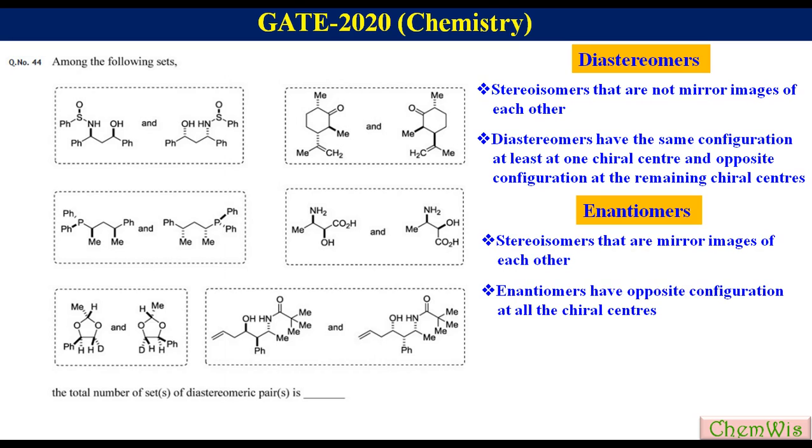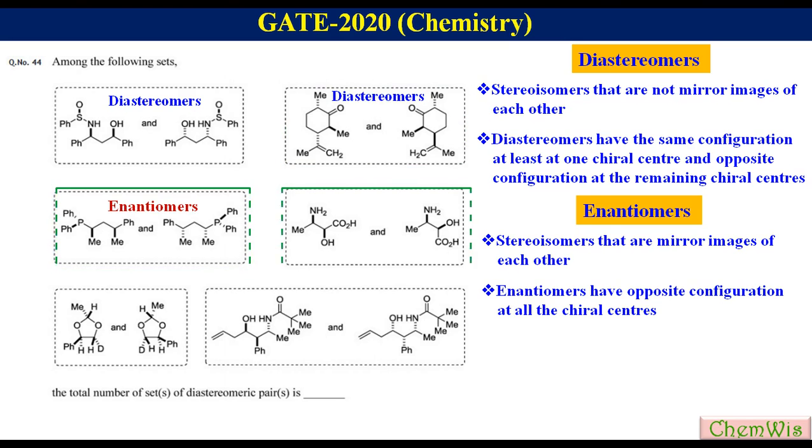If we take this pair, in this, sulfur is also behaving as a chiral center. These are not mirror images of each other, so these are diastereomers. In this pair too, these are not mirror images of each other, so diastereomers. In this pair, the two compounds are mirror images of each other, so these are enantiomers.